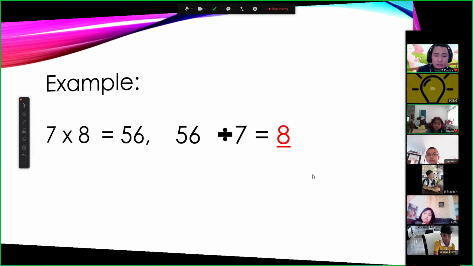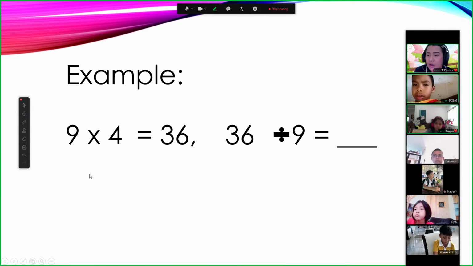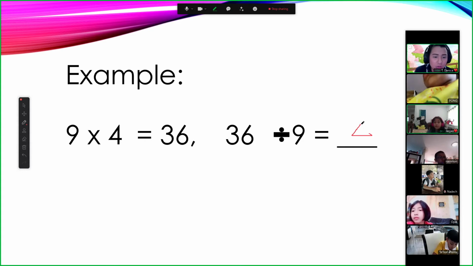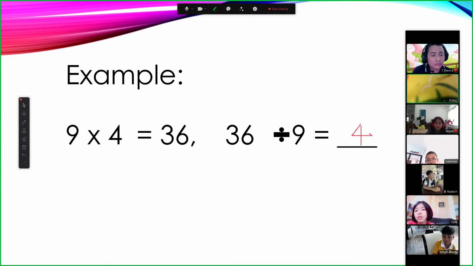Okay, next. You have 9. Everyone read. 9 times 4 equals 36. 36 divided by 9 is equal to 4. Correct. Then write 4. Finished?